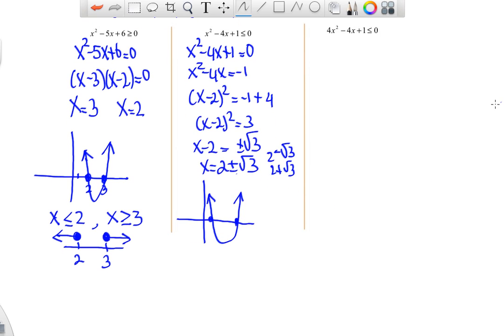Starting here it's equal to 0, and ending there it's equal to 0 again, and in between it's less than or equal to 0. So 2 minus the square root of 3 here, closed circle, 2 plus the square root of 3 over here, closed circle, and then you connect these.